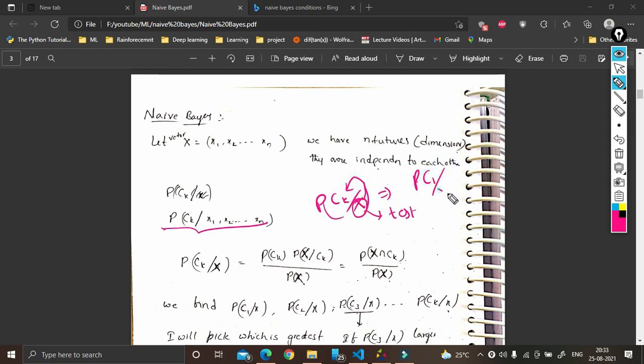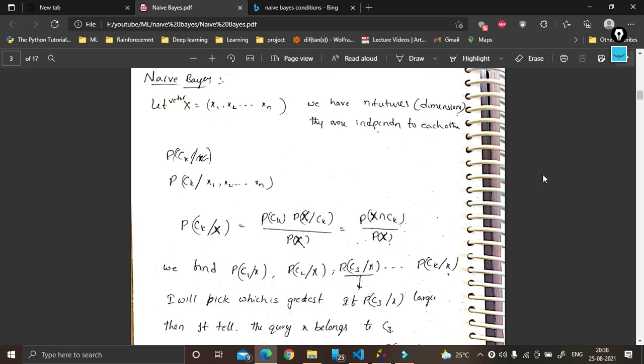Probability of c1 given x: x has some values, what is the probability of these x values belonging to class 1? Probability of c2 given x: what is the probability of these values belonging to class 2? That is what this probability represents.